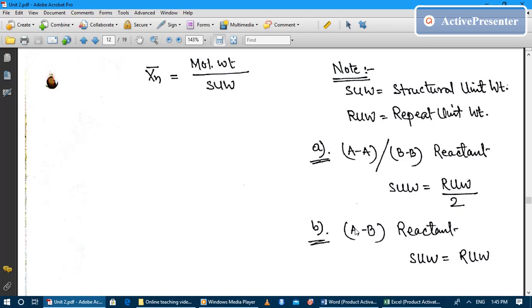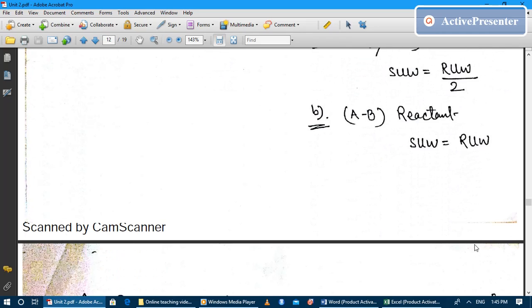Okay, it means there are not two different monomers, but the same monomer contains two different functional groups. So in this type of reactant, my structural unit weight is exactly equal to the repeating unit weight.